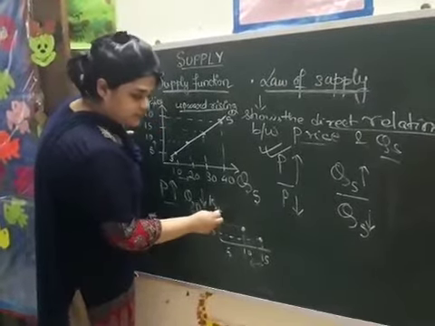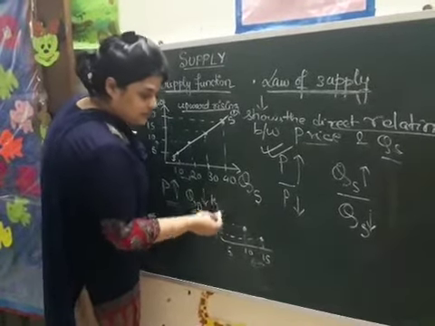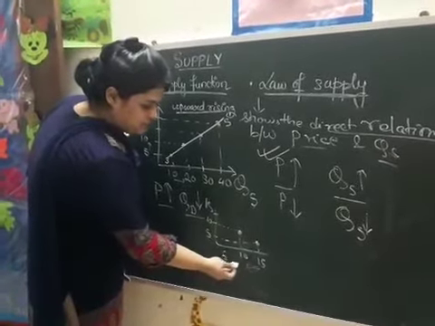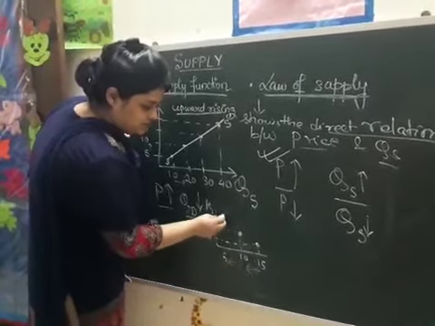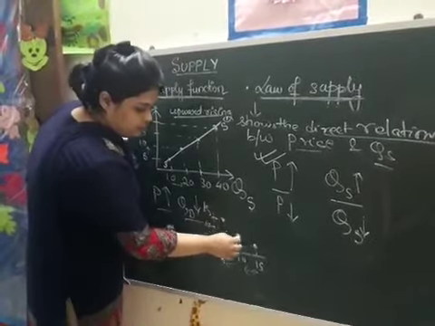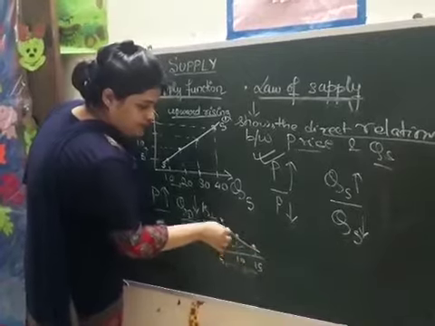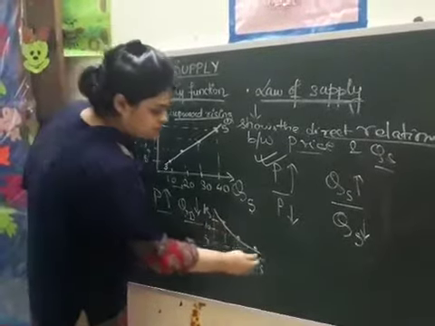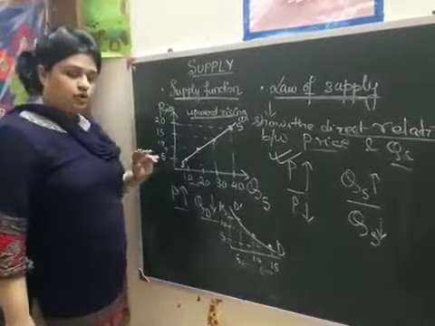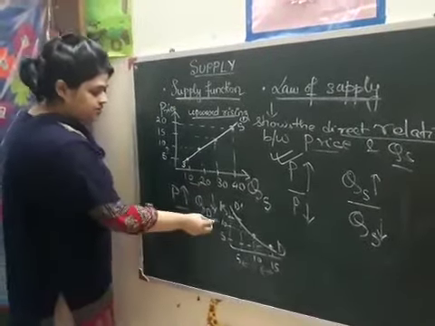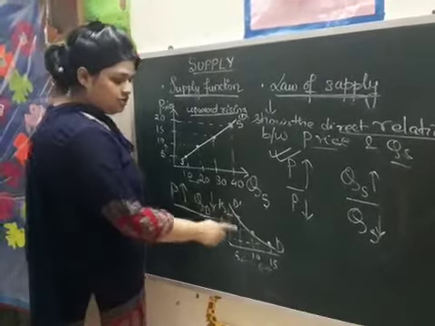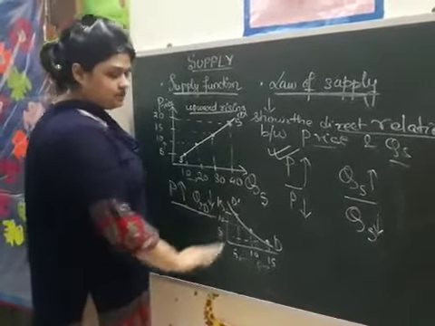When the price turns out 15, it increases, so you are now demanding less and less of it, so you are now demanding only 5 units. So whatever points we have plotted, if I join these, we get the demand curve, which is a downward sloping demand curve. So the law of demand shows the inverse relation between price and demand, and from this law, if we plot the demand curve, it is downward sloping.